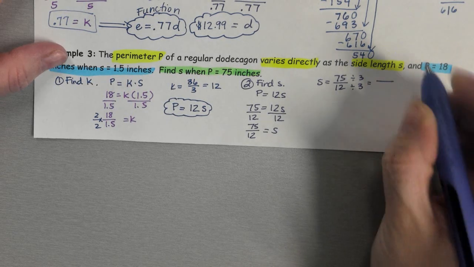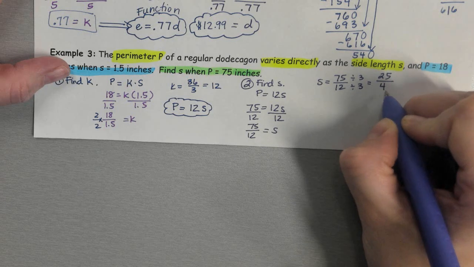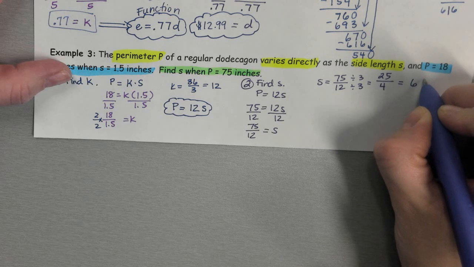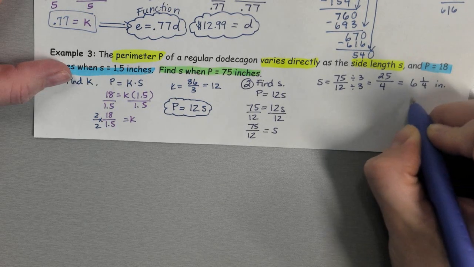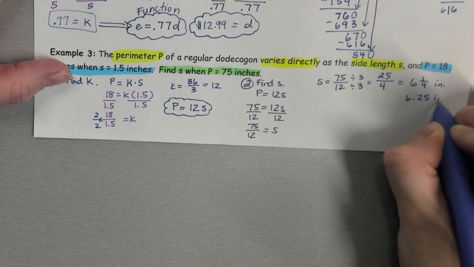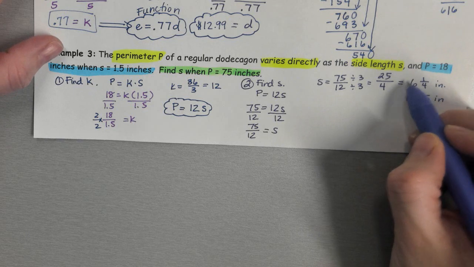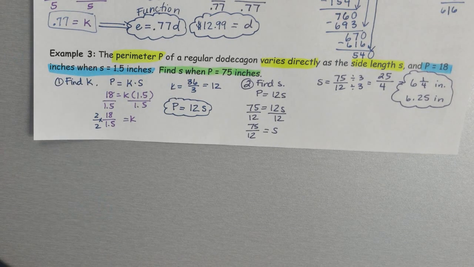What's 75 divided by 3? 25. 12 divided by 3. How many times does 4 go into 25? 6 with how much left over? Yeah, so you could do 6 1/4 inches or 6.25 inches. Okay, either one would be fine. It doesn't say what to round to or anything. Okay, so either one of those would be great.